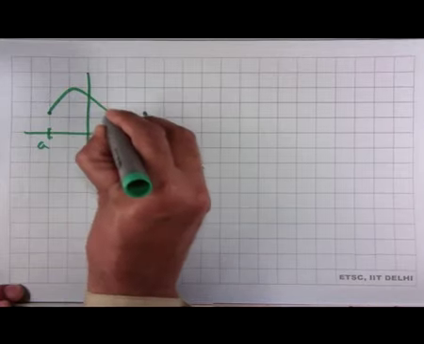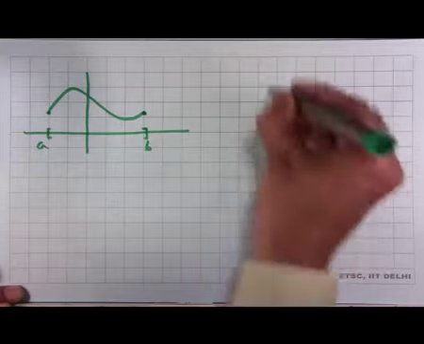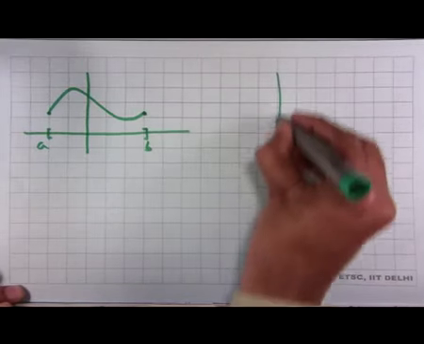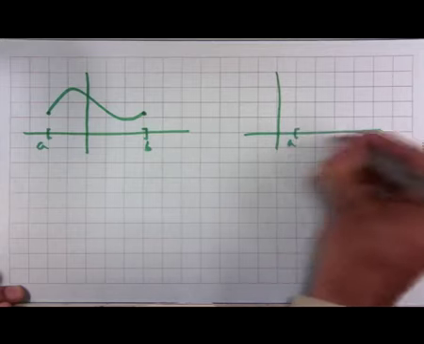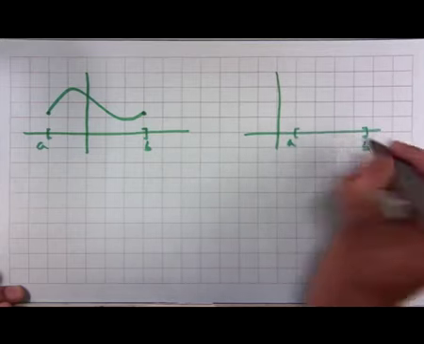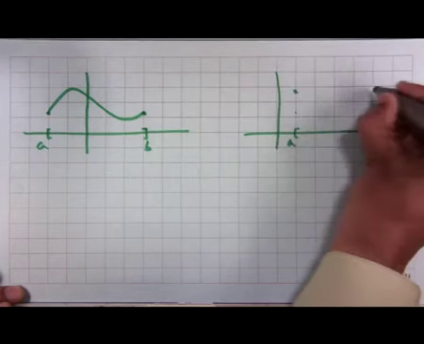So, it might be that we have a function like this, or it can be like this. I have f a and f b.